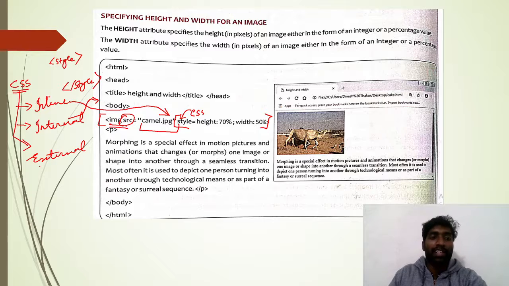This is called internal. External, no need for you. It is outside of the page. Somewhere we write a CSS file and link that file to this document. That is called external, outside the document. Internal means inside the document we write. Inline means inside the tag we write.